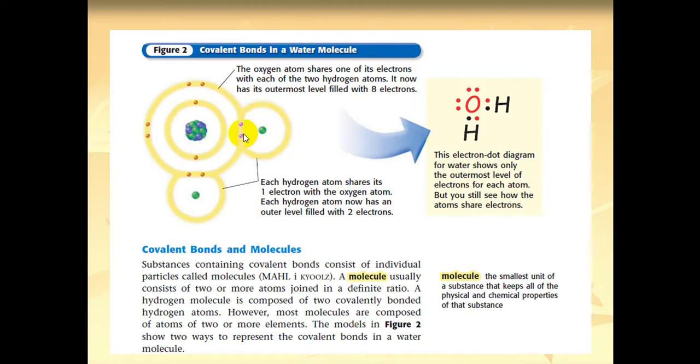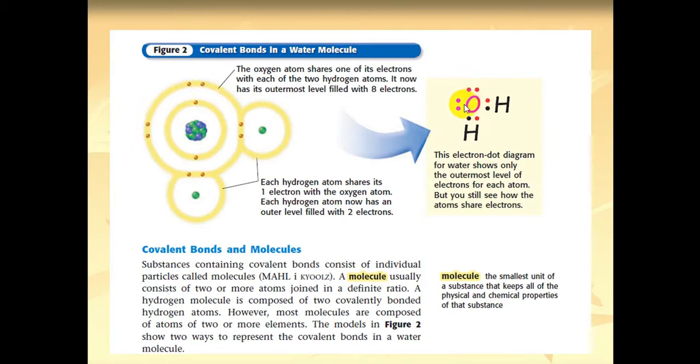Okay, we can express this diagram in another form, the dot diagram. In the dot diagram, we write the symbol of the element, and we write only the valence electrons, or the electrons in the outer shell. If you remember, we said that oxygen has how many outer electrons? 6 electrons.